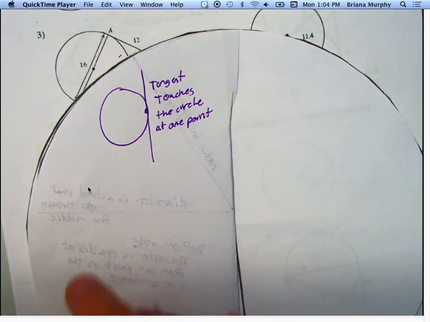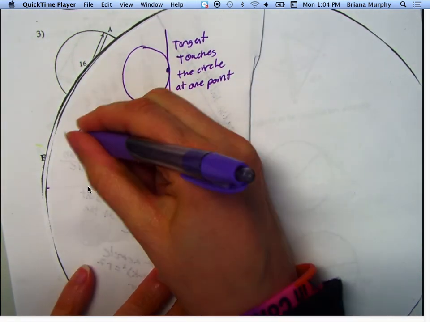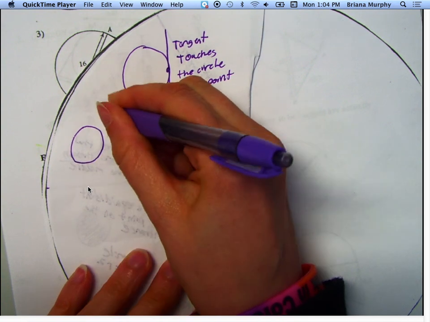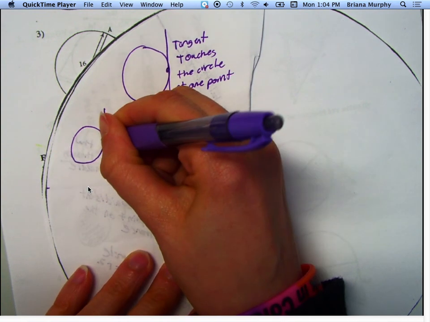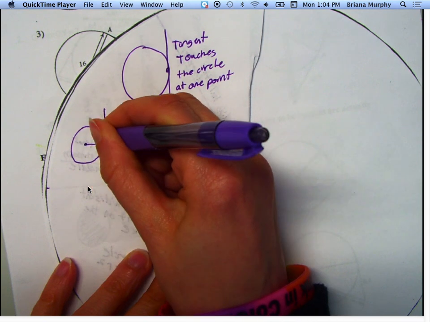Now there are, I'm going to say, 3 big parts of tangent lines that you need to know. First, if we draw in our tangent again where it meets at one point, it meets the radius at 90 degrees.